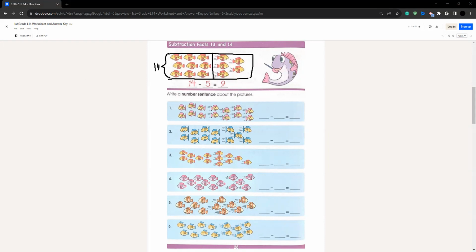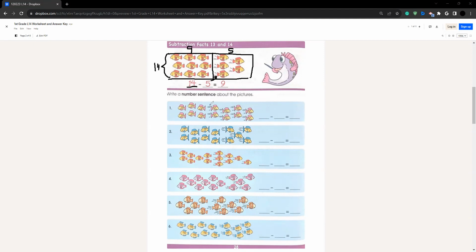So like we'll split it. So there's 5 here that are swimming away. And so if we do total minus the number of fish that swim away, we end up with 9 fish remaining. So 14 on the bottom, 14 minus 5, which are these fish over here, is 9, the leftover fish.